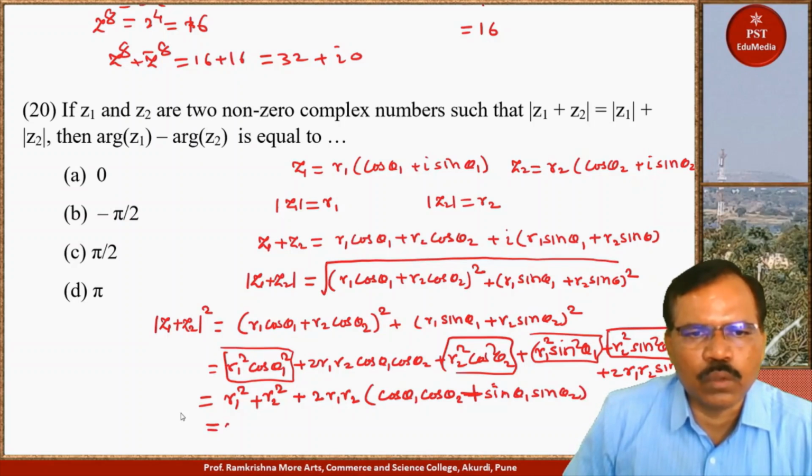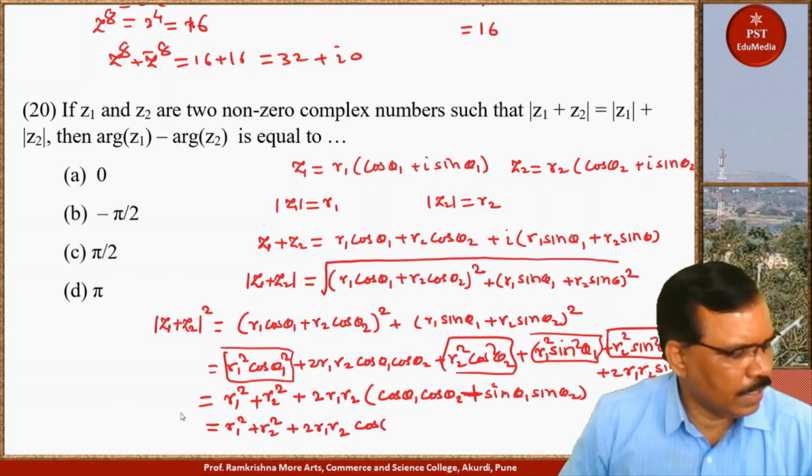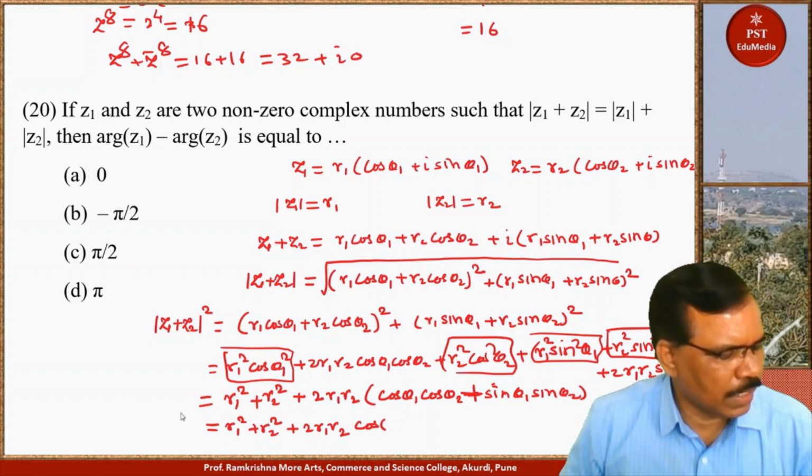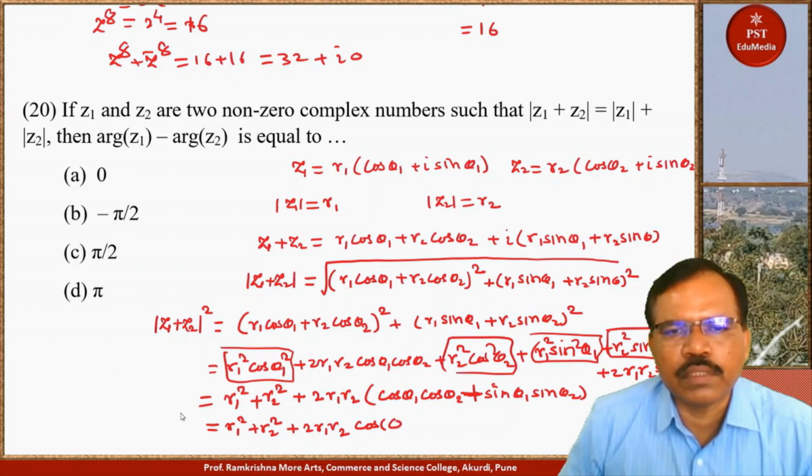So this is equal to R1 square plus R2 square plus 2 times R1 R2 cos of theta 1 minus theta 2, using this identity.